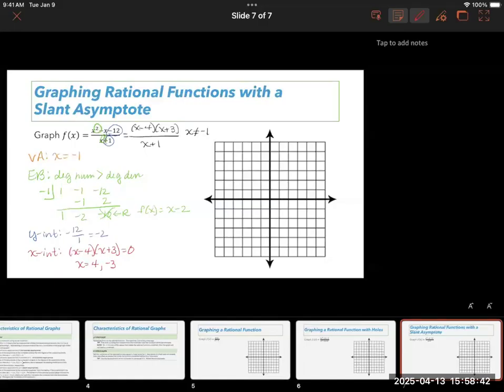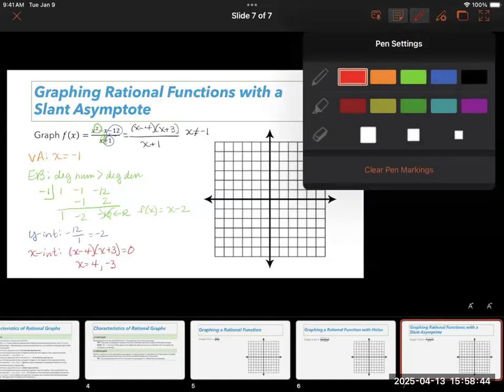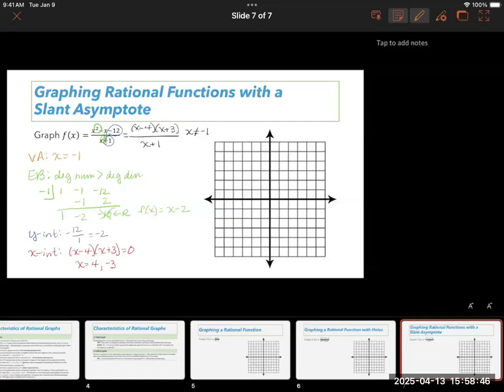All right, so in order to graph this now, I'm again going to use 1 as my scale on the x's. I think I'll use 2 as my scale on the y's to make sure everything fits well. And then I have a vertical asymptote at x equals negative 1.